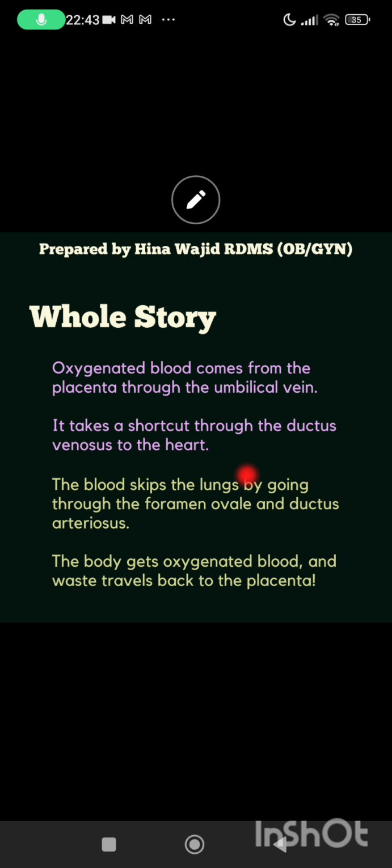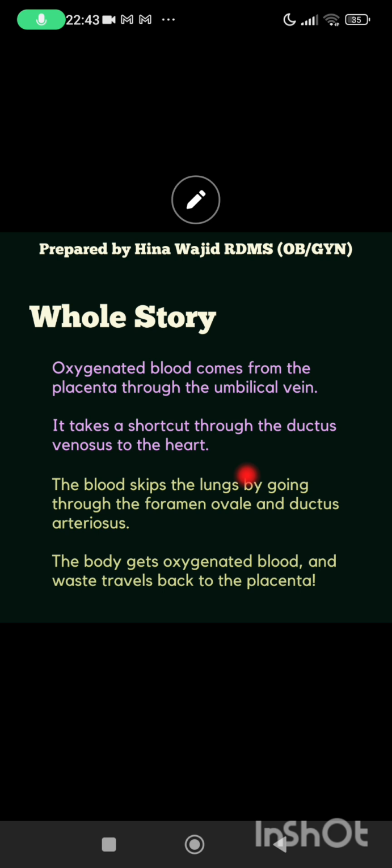Now, in the fetal circulation, when the blood enters into the fetus, it goes directly to the heart. Oxygen and glucose are provided mainly by the placenta, so we are not worried about the supply of oxygen and nutrients.